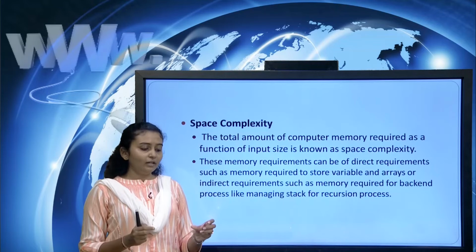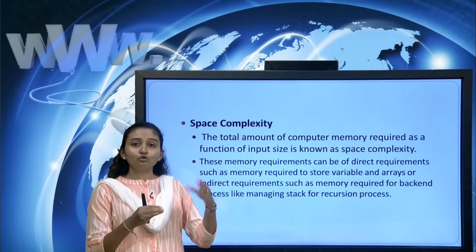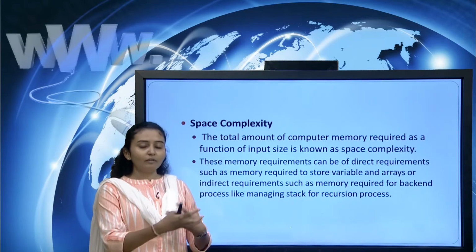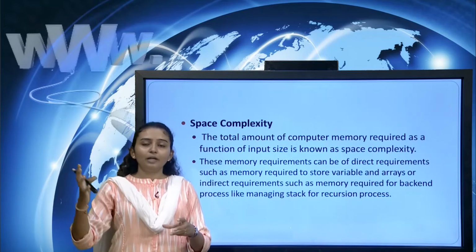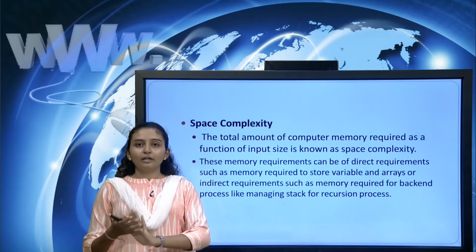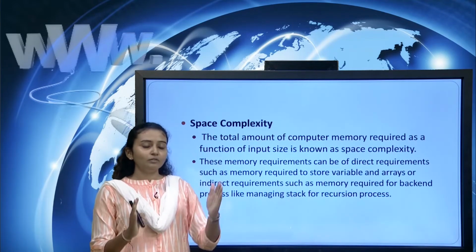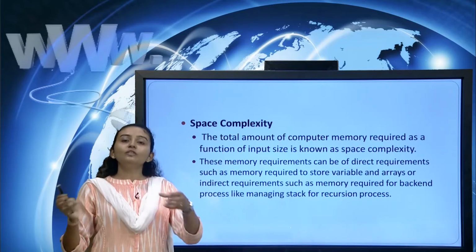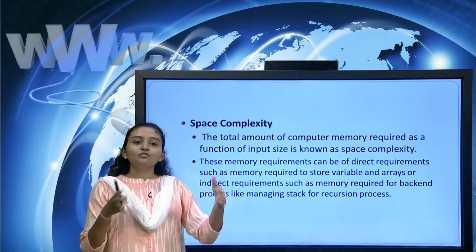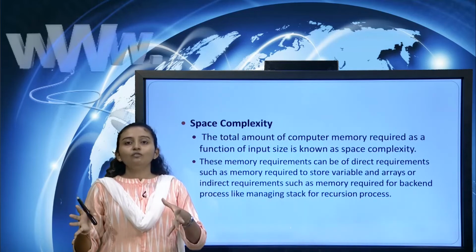When we define a print show function to print some data, and we have another function like display to print similar data, the function show and the function display will both take a different amount of space and time for execution.